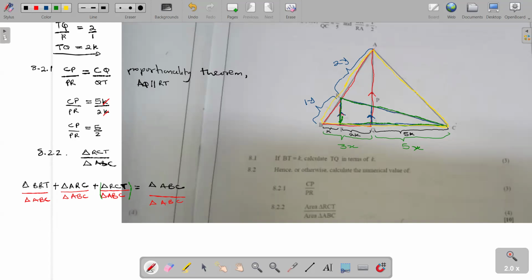Let us go and check. If we check BRT, which is this one, triangle BRT, it's having a common angle. So using the area rule, we can use that common angle.